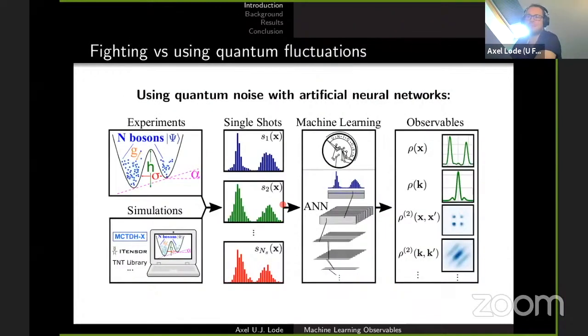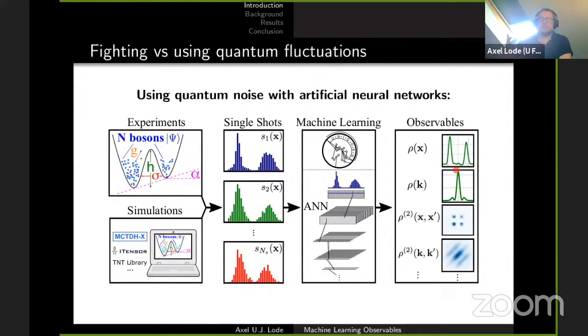This comes back to this slide. We would use experimental data for the training. So we get experimental pictures, we feed them, and then we get a neural network that is able to predict observables. For this, we will need from the experiment a highly accurate measurement for a few realizations.